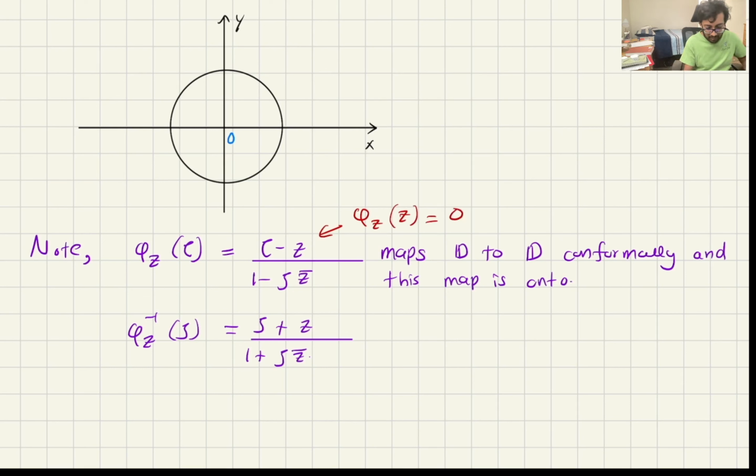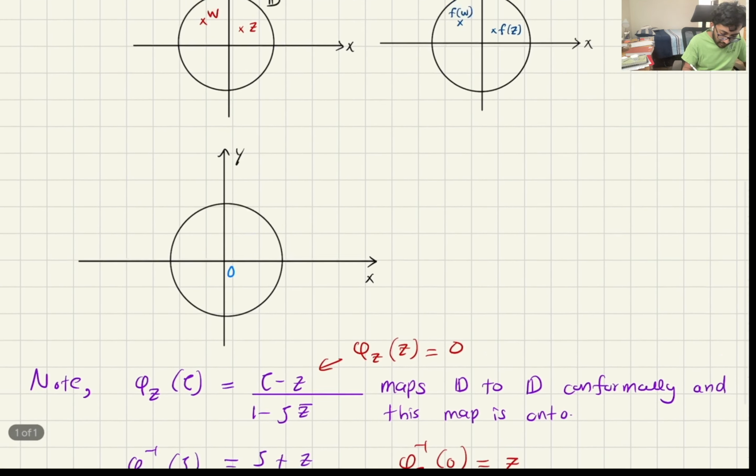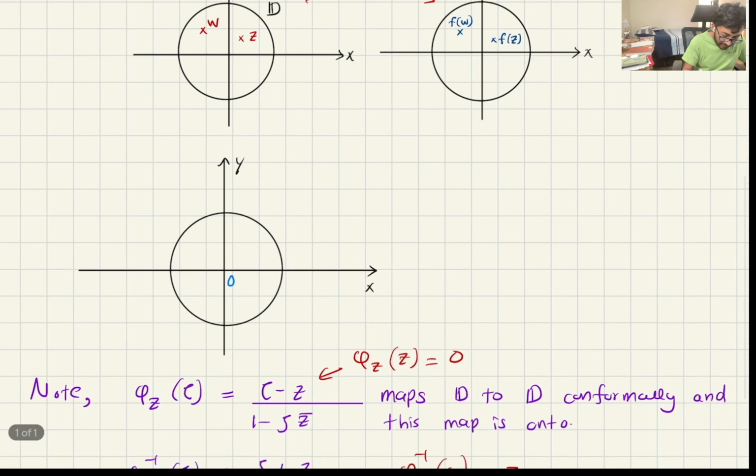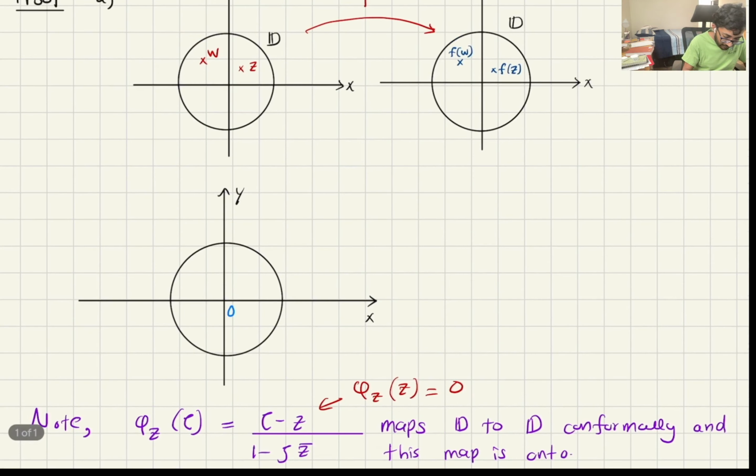So this map phi_z maps z to 0, and the inverse of phi_z maps 0 to z. I would use the inverse of phi_z that I defined.